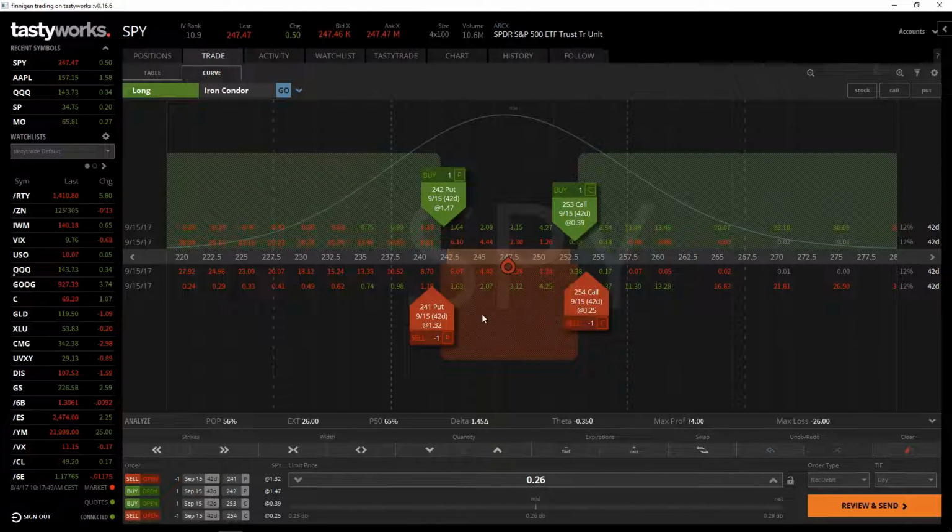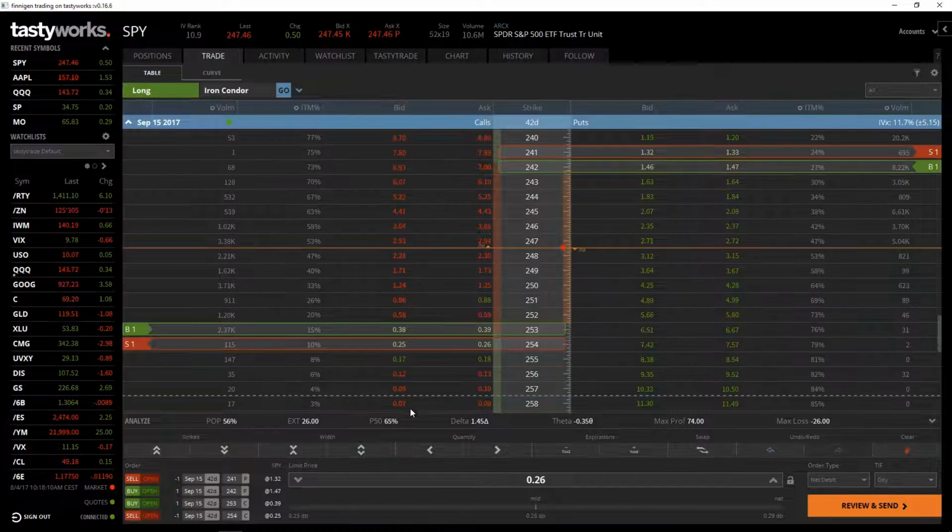The payoff, as you can see, is actually the opposite of the short Iron Condor. So you actually make money if the price of the underlying moves far, and you lose money if it doesn't, but you don't really care in which direction. If the price goes up or goes down, you make money as long as the price moves enough.